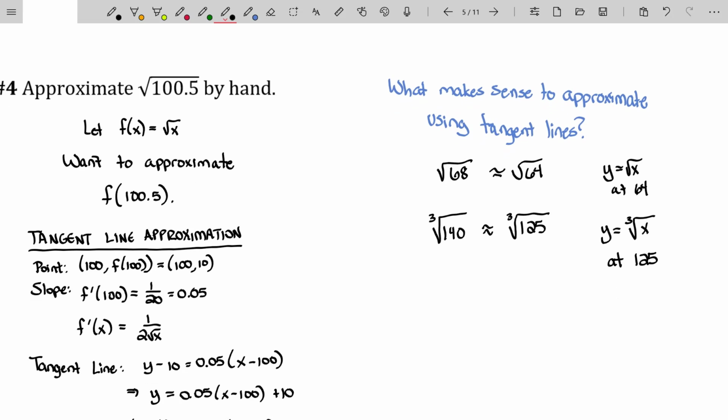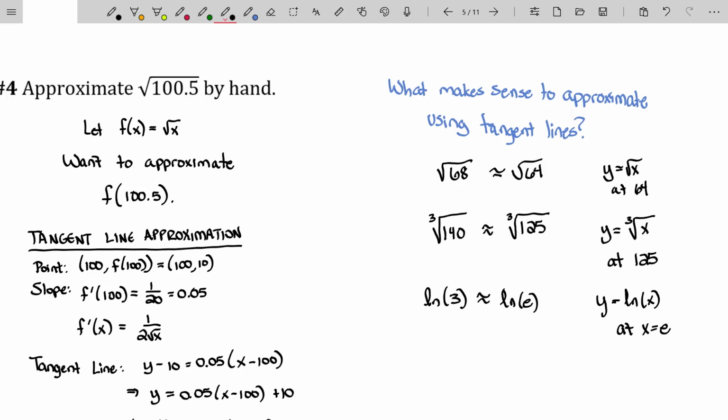Other things you could possibly approximate. Let's see. One that I'm just making up, I've never done before, but possibly like the natural log of 3. Well, that's very close to the natural log of e, right? e is 2.71828 and so on and so forth. So what you would do is you would let y equal the natural log of x, and you would build a tangent line to that at x equals e, which is actually pretty easy to do.